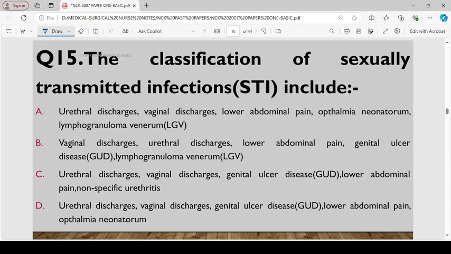So we have to agree that here this one should not be there. So you had B and D, right? Urethral, vaginal discharges, urethral discharges, low abdominal pain, right? Genital ulcer, venereum, and arthritis, right? Okay.